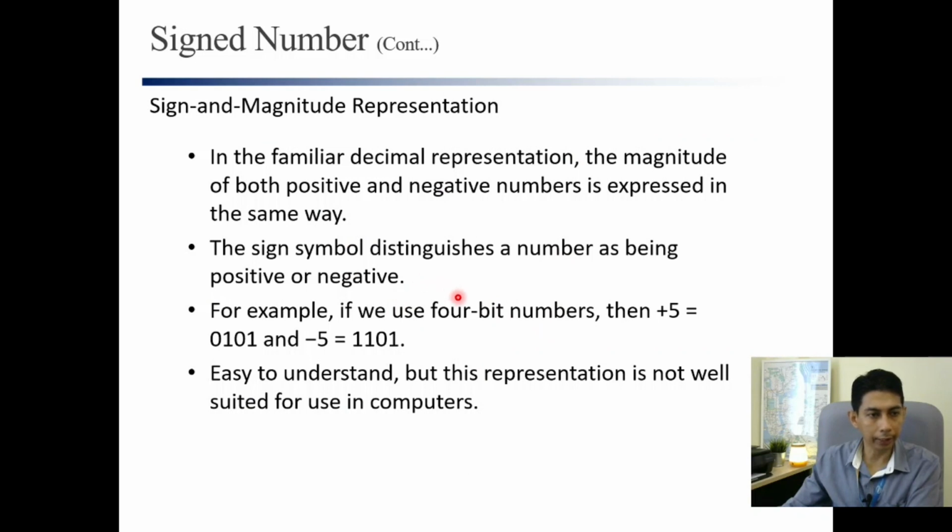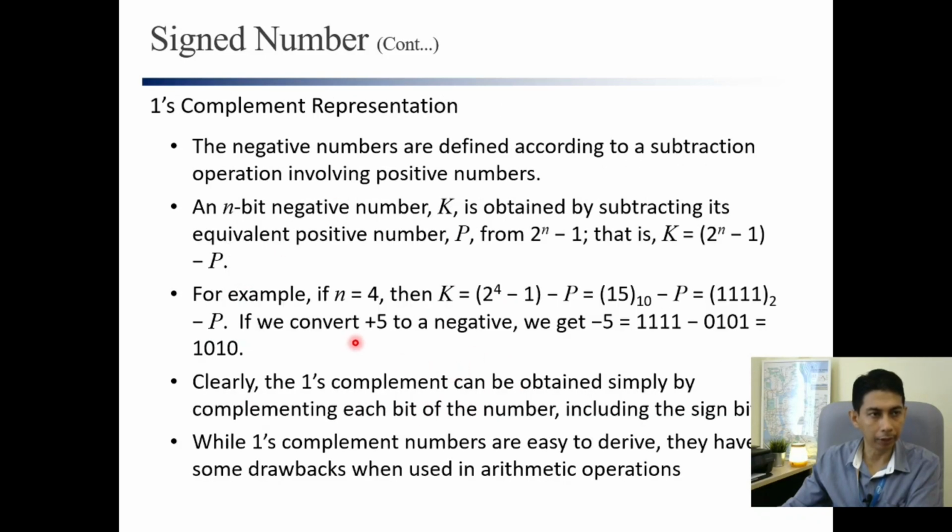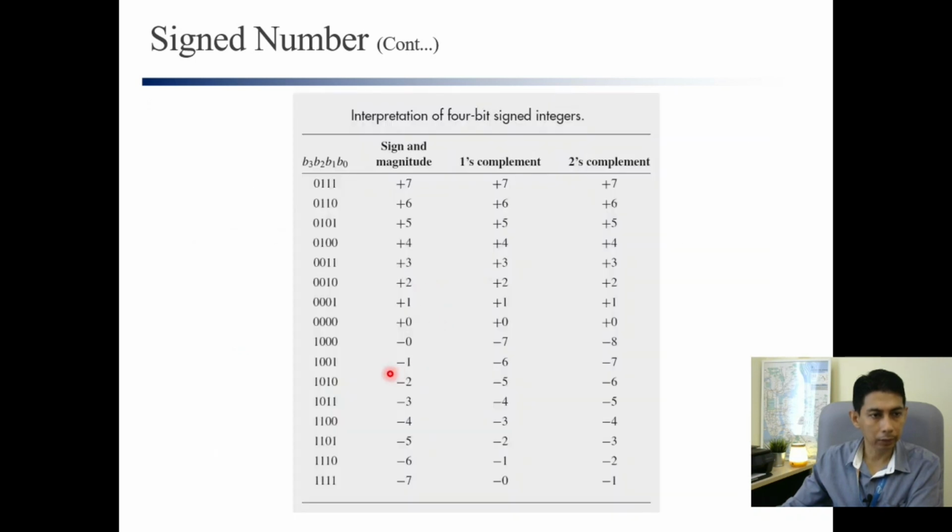We represent the number in digital using two's complement for the negative number. Right? That's because we will use the adder to do the subtraction.